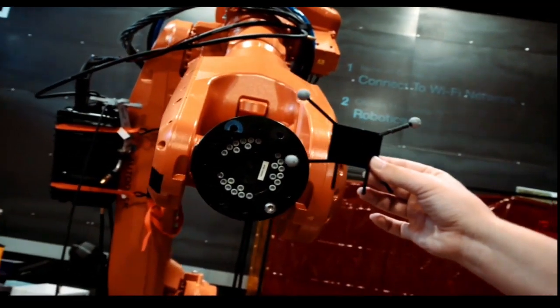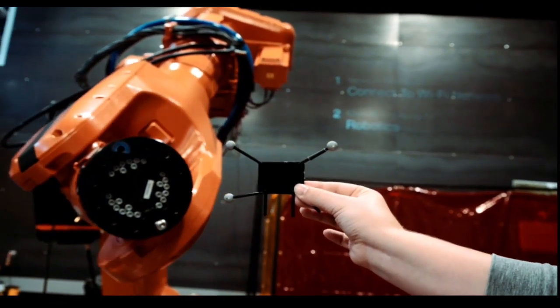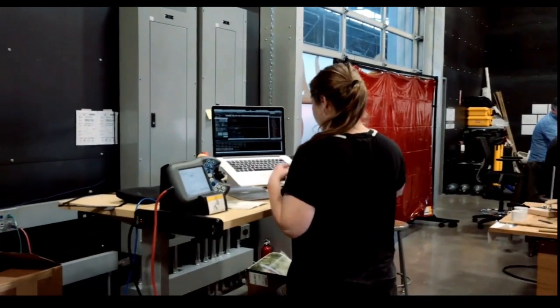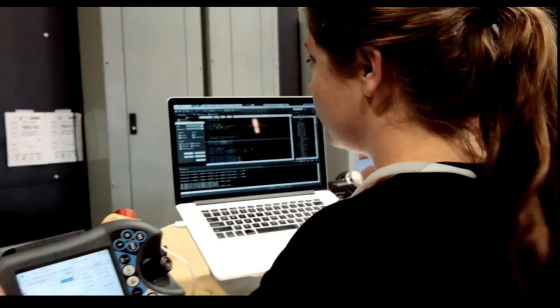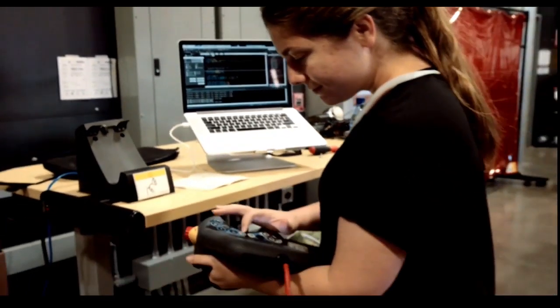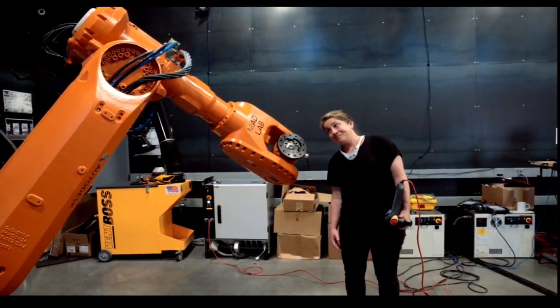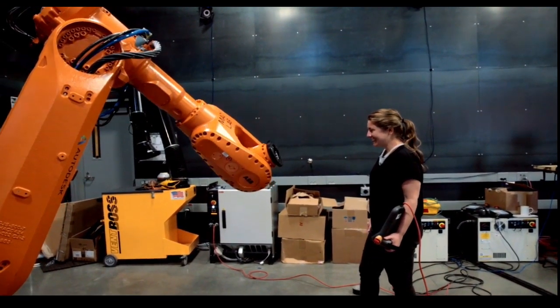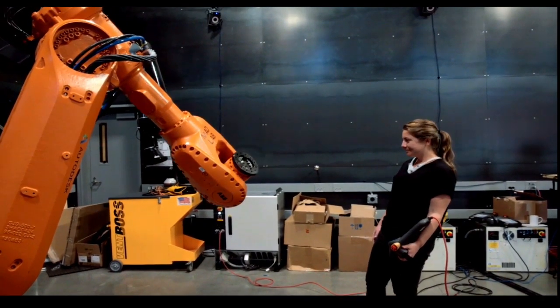If I'm wearing or holding these motion capture markers, it knows where I am in space and how I'm moving. Now we can give the machine a nuanced understanding of our intention in that space. You can get someone who's never seen a robot before and have them begin to do creative things with just a couple of minutes of interacting with the machine.